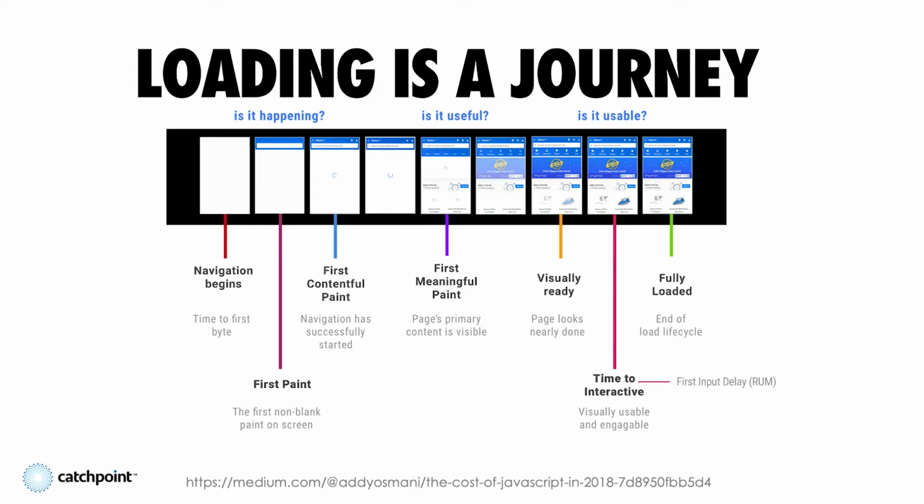And then we don't have a visually ready metric right now. We can capture it in the lab with Visual Complete from video capture and things like that. Time to interactive, we've moved on from. And then fully loaded, which is the end of everything. And it's not the old page load time.